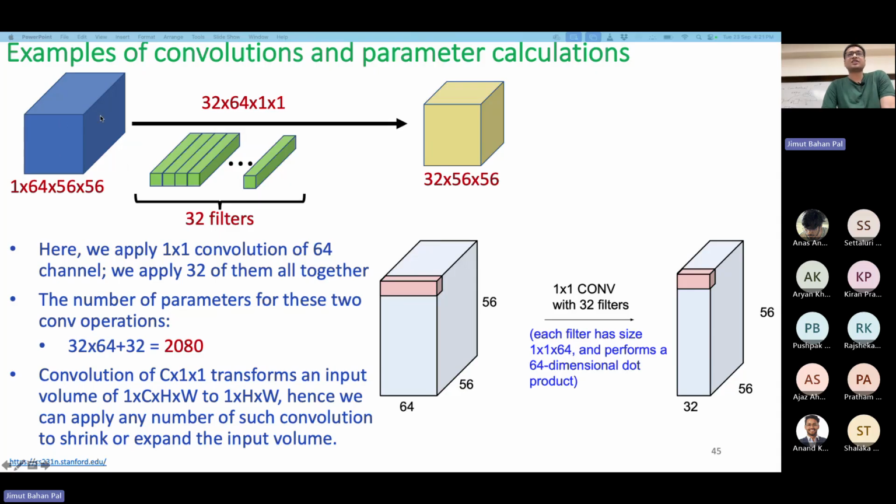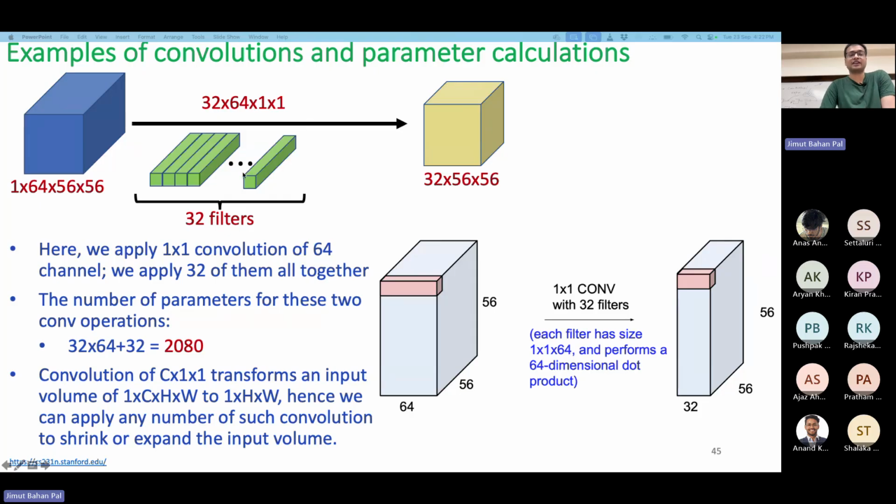So the input size of 1 cross 64 cross 56 cross 56, when convolved with 32 of these 64 cross 1 cross 1, we will get 32 of 56 cross 56. Say, for example, this block is 64 cross 1 cross 1. This block will be convolved with each of these to get a one-channel output, 1 cross 56 cross 56.